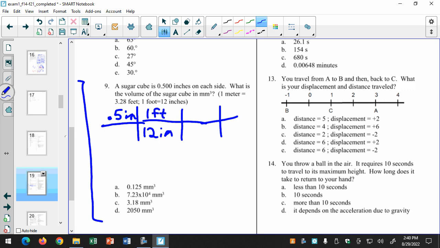And then my next conversion factor is 3.28 feet and 1 meter here. So my feet cancel there. And then 1 meter is equal to 1,000 millimeters. You need to know that conversion factor. Or, if you don't want to think about it in that way, that's the way I tend to think about it.